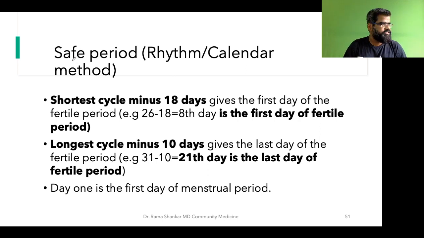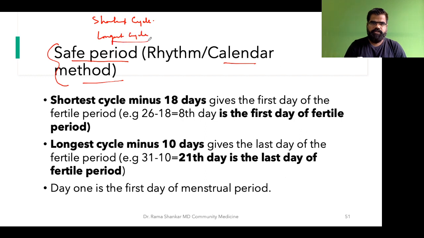The rhythm method, which is the safe period or calendar method, all are the same. What we do in this, students, is we take 2 points. First, we ask the lady about the shortest menstrual cycle, and then we ask about the longest cycle. What is the number of days in the shortest cycle? What is the number of days in the longest cycle? Let's take an example: 26 days is the shortest cycle, 31 is the longest cycle.